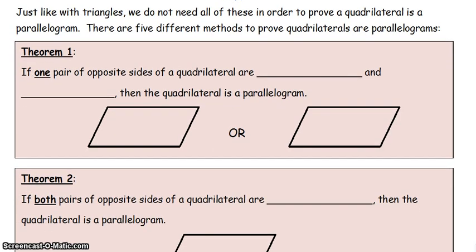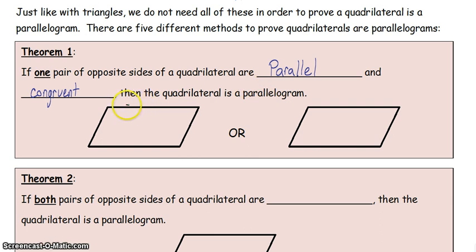The first theorem states that if one pair of opposite sides of a quadrilateral are parallel and congruent, then the quadrilateral is a parallelogram.